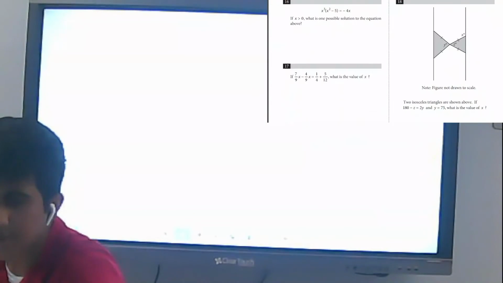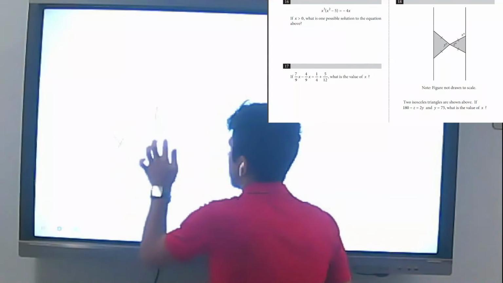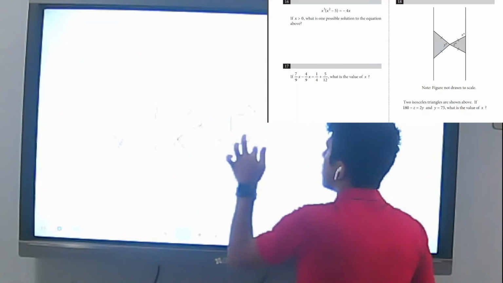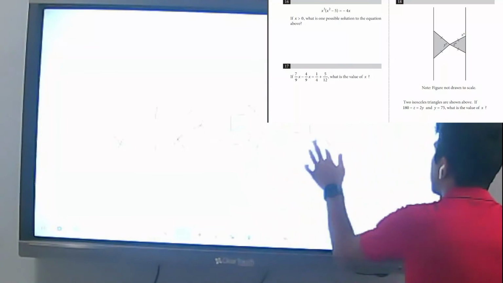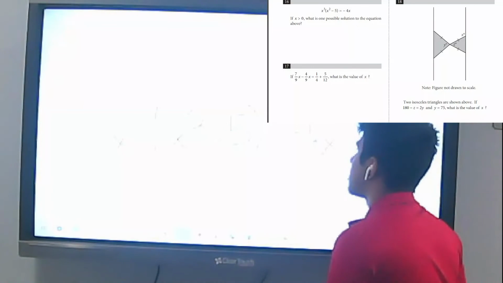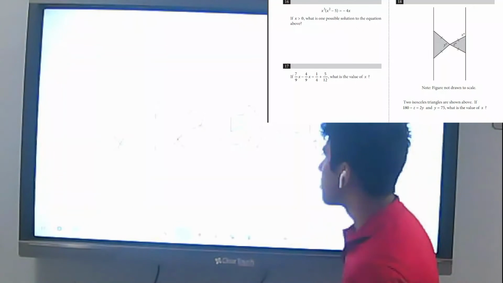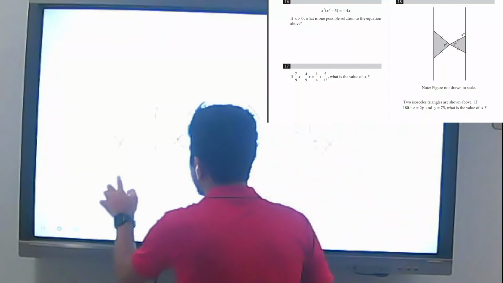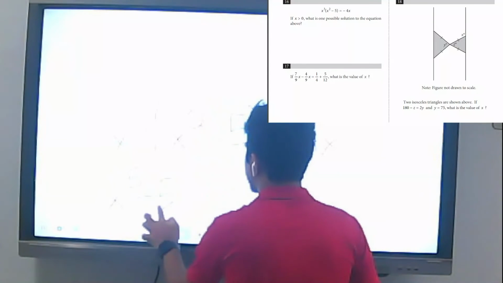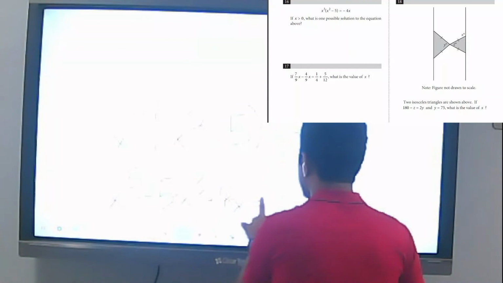All right, gridded response. Okay, so x cubed times (x squared minus 5) equals negative 4x. This equation might look really scary, but it's actually not that bad if you just break it down into its component parts. Let's multiply this out and you get x to the 5th minus 5x cubed, and then you add the 4x, so you get x to the 5th minus 5x cubed plus 4x equals 0.